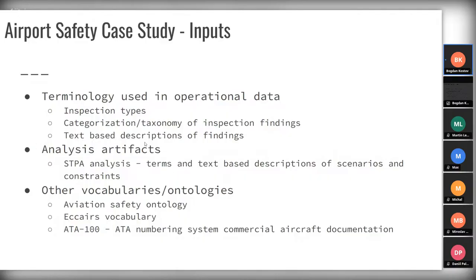So these can potentially be considered as terms. And then there is text, which are the descriptions of the loss scenarios and all the different kinds of constraints. But there are also other concepts there, like the losses and the hazards. So this could also be imported in TermIt in the form of vocabulary or text to be annotated.